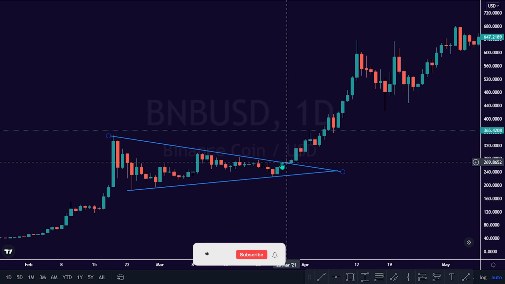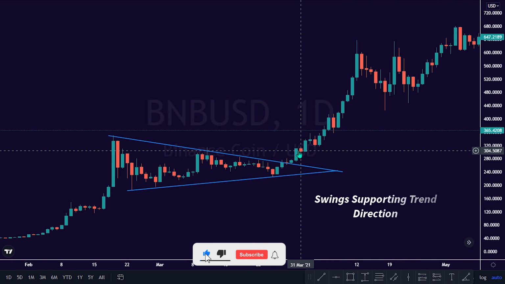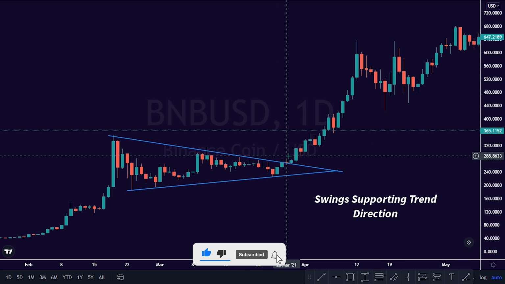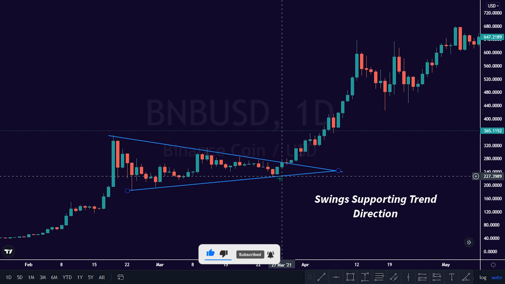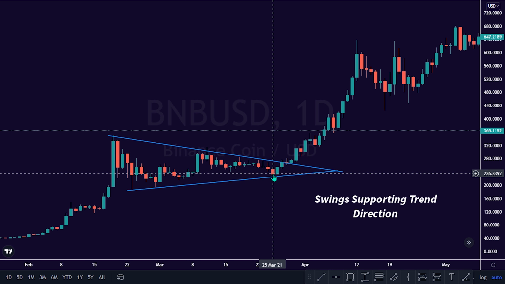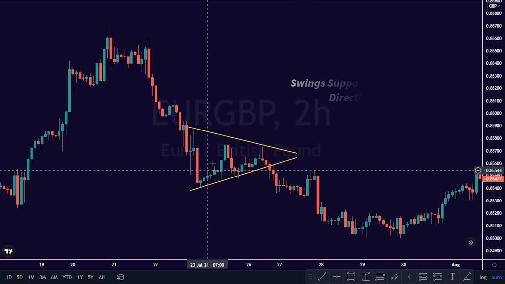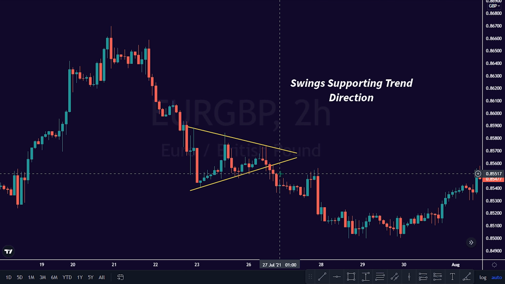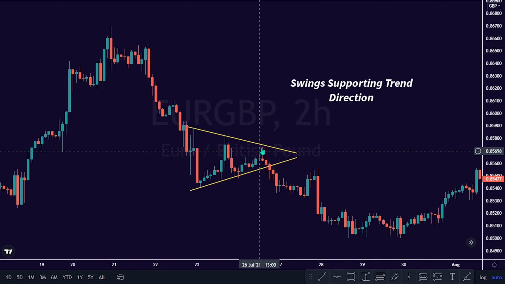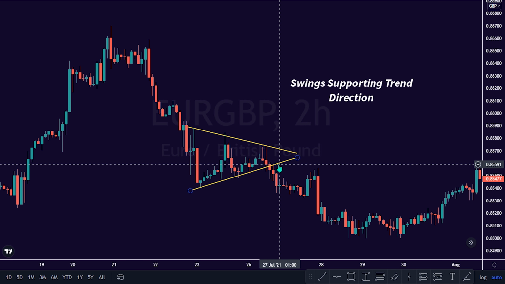Number 2, long entry after a bullish price breakout in a bullish pennant that's accompanied by the formation of a higher low to the descending resistant trend line. Or short entry after a bearish price breakout in a bearish pennant that's accompanied by the formation of a lower high to the ascending support trend line.